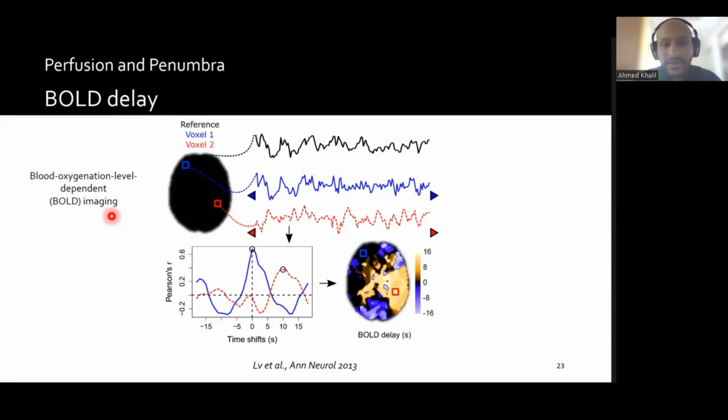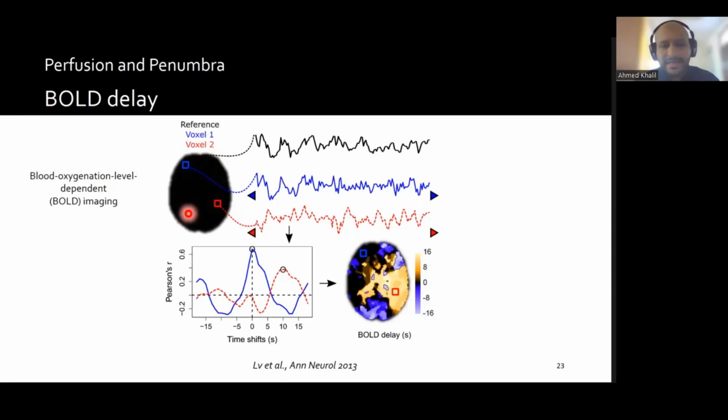What you can then do is perform a voxel-wise cross-correlation between the BOLD signal across time in each of the voxels versus a reference. So you're cross-correlating each voxel's time series with some kind of reference. This reference can be the global mean signal across the entire brain. It can also be the venous outflow tract of the brain, so the large venous sinuses.